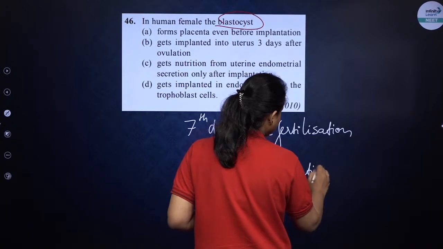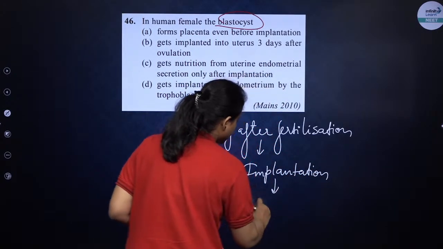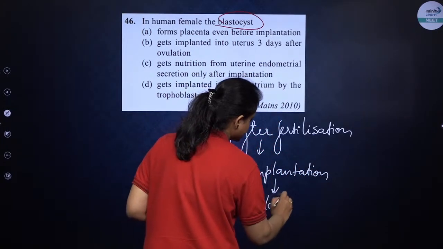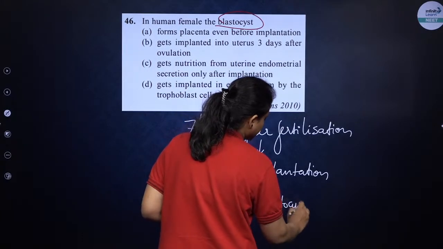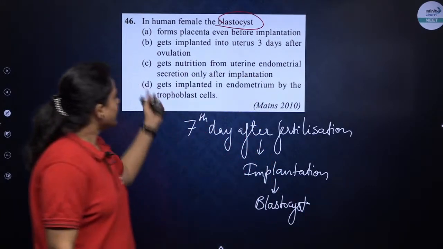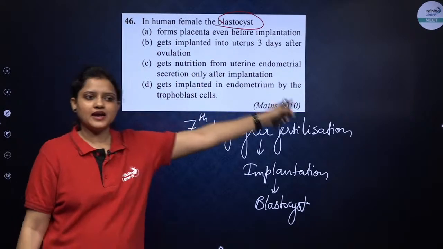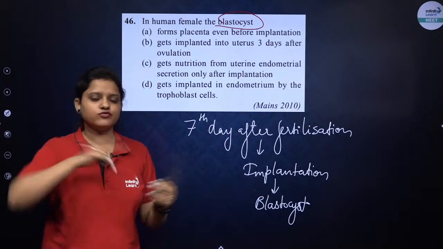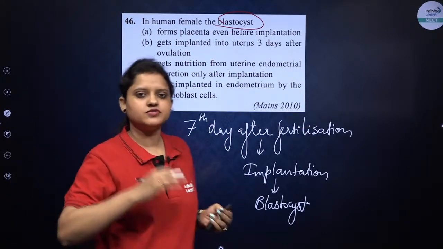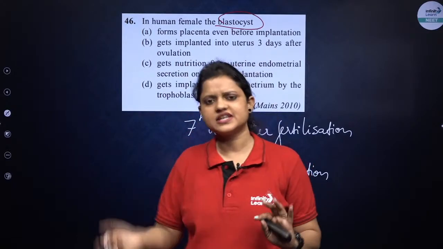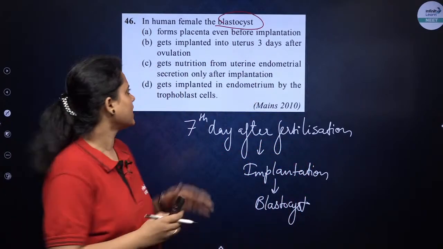And the implantation is of the blastula or the blastocyst stage. It forms placenta even before implantation? No. The trophoblast layer of the blastocyst will form placenta, but after 7th day, after implantation, right? So this is wrong.